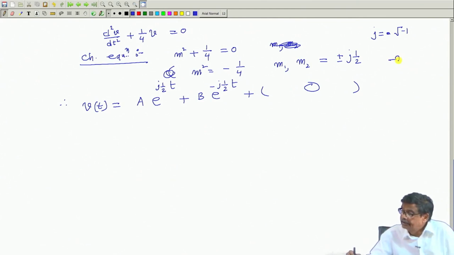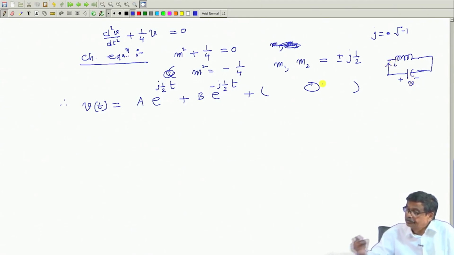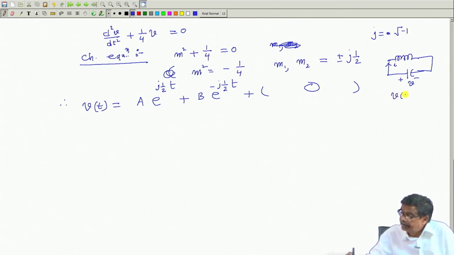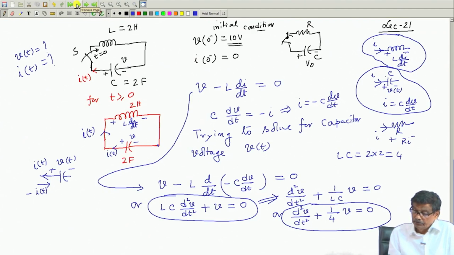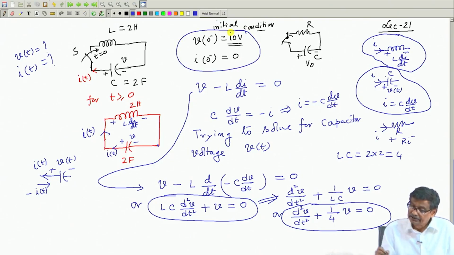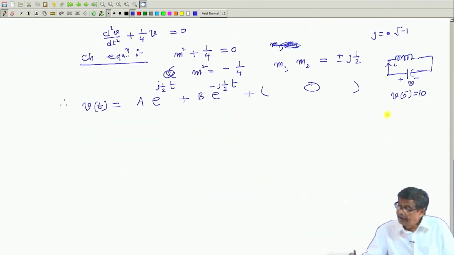Now, if you look at the boundary conditions, this is the capacitor, this is V(t), and this is I, the current flowing through the inductor. I told you V(0-) is 10 volt. In the previous slide, most probably I told 10 volt. And I(0-) is 0.